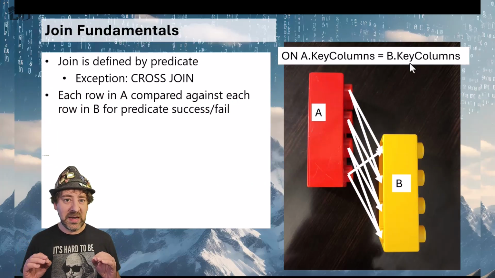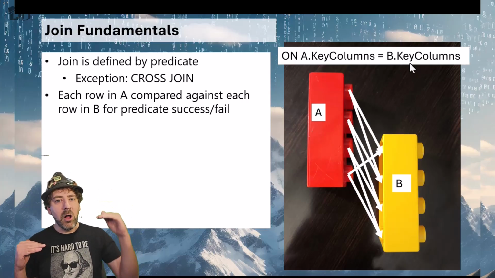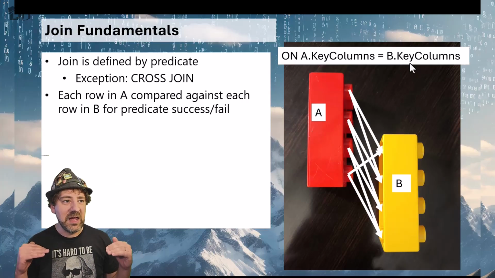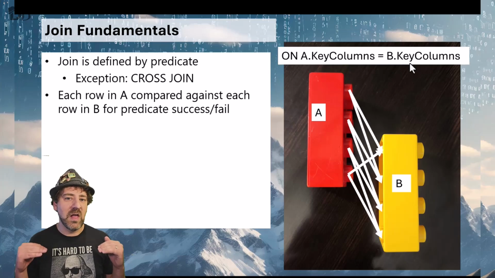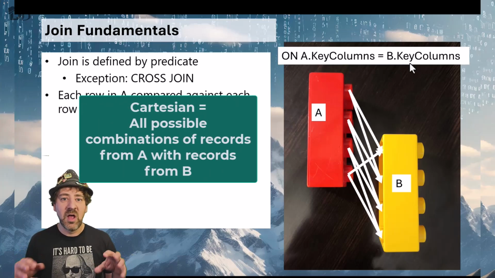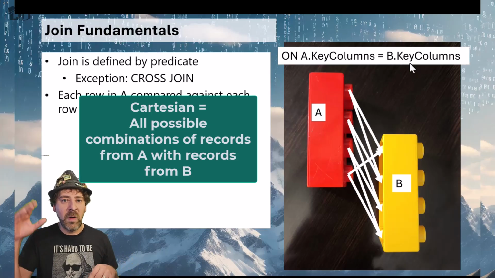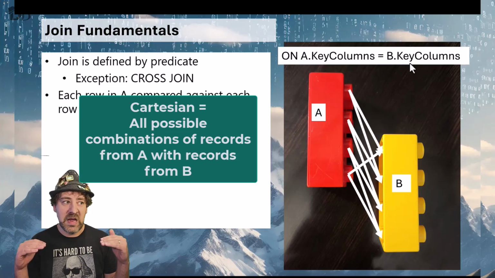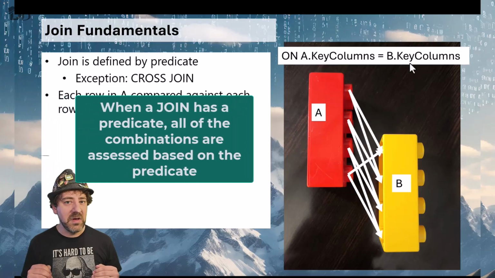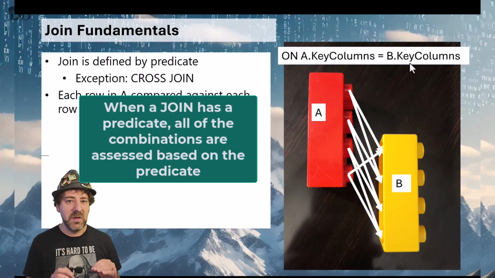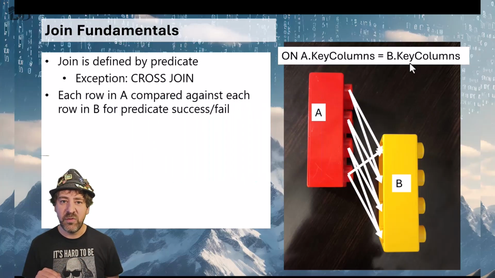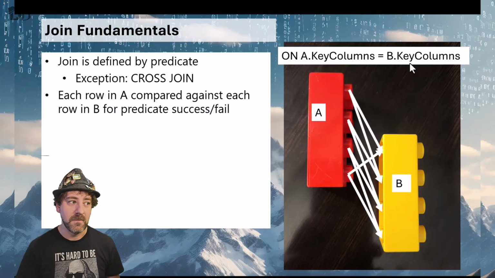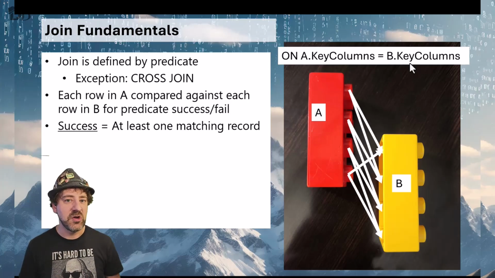What happens in a join is all of the records in A get compared to all possible records that exist in B, and we essentially create a logical Cartesian combination of all possibilities of a record in A finding a matching record in B. For all of those combinations, we then assess each combination of records for the predicate: does the predicate succeed for the record or does it fail? Depending on the result determines what we get back in our result set.